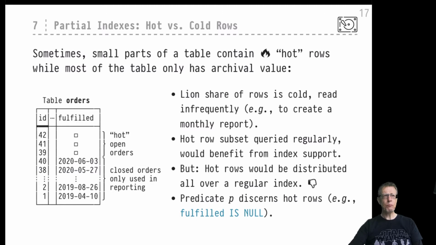Okay, luckily we can formulate a simple predicate. In this case, a predicate on the fulfilled column that would simply check, well, is that fulfilled entry still null? If so, you are a hot row, and you should receive particular indexing support. If your fulfilled column is not null, then you're considered archival, and we would rather not have you in our present indexes.